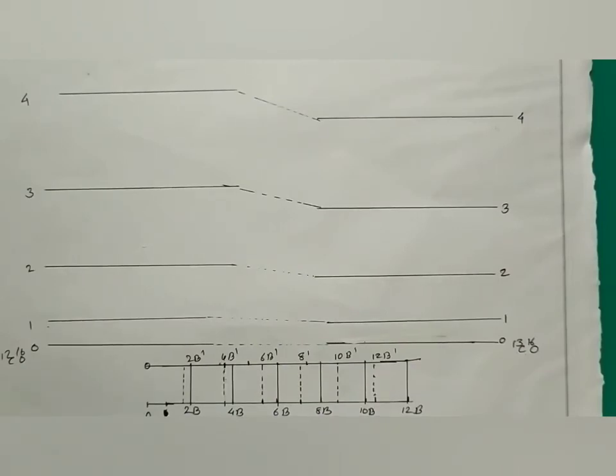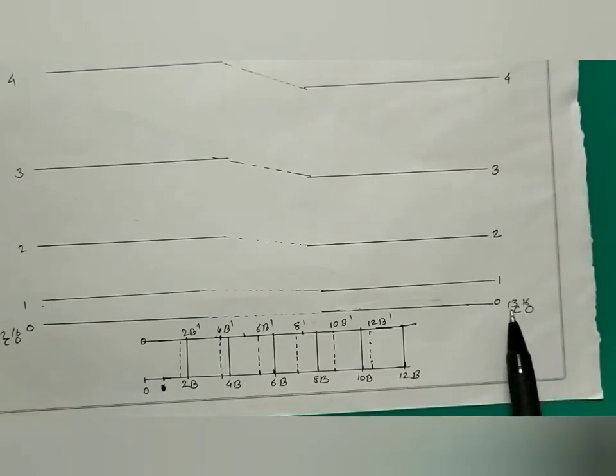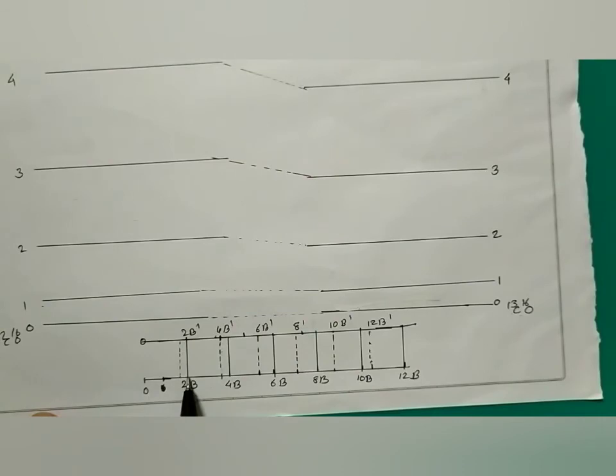And if you see the spectra, these solid spectra are for carbon monoxide with carbon 12, and the dashed line spectra are for carbon monoxide with carbon 13. Now this is 2B, 4B, 6B, 8B, 10B and 12B.